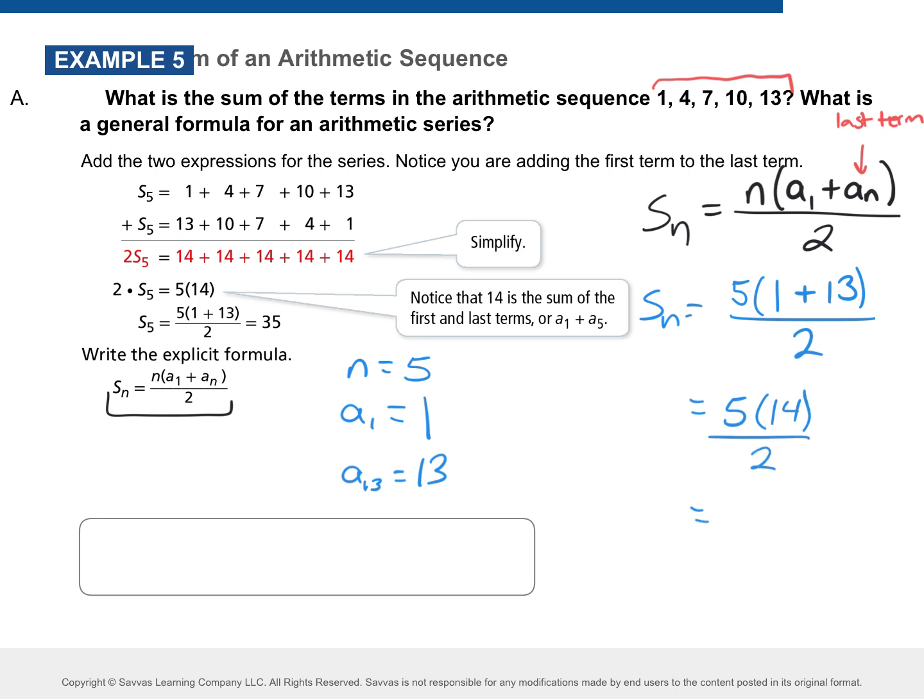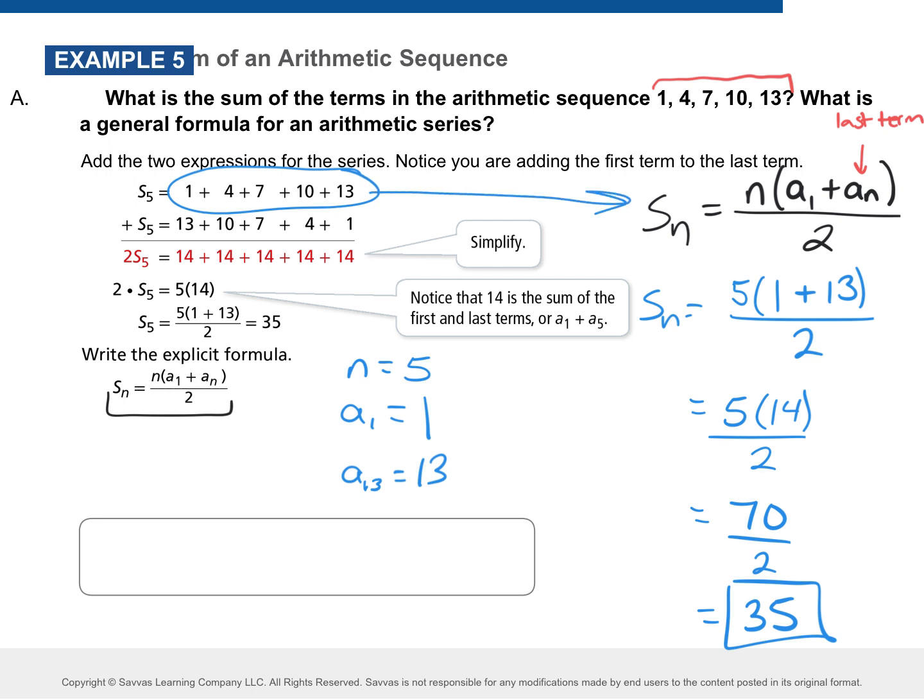Nope, it is not 60. Is it 74? It's 70. Divided by 2. 70 divided by 2 is 35. So instead of adding all of these separately, we can get the same answer by using that formula.